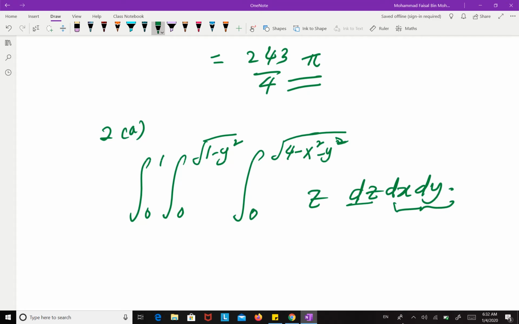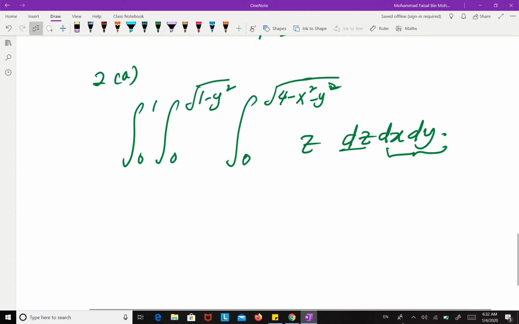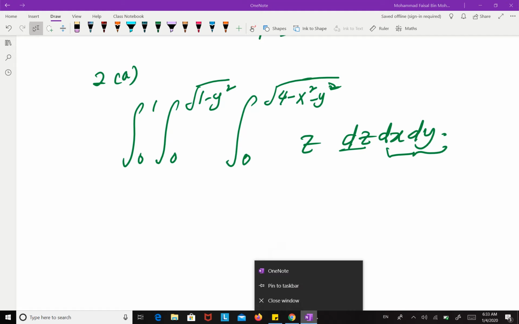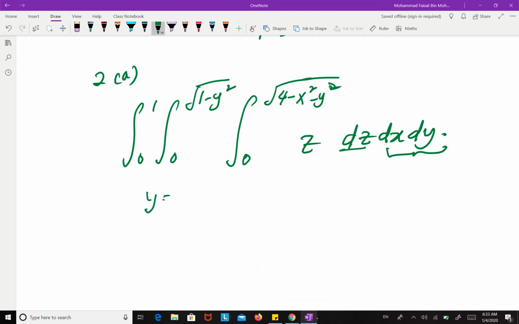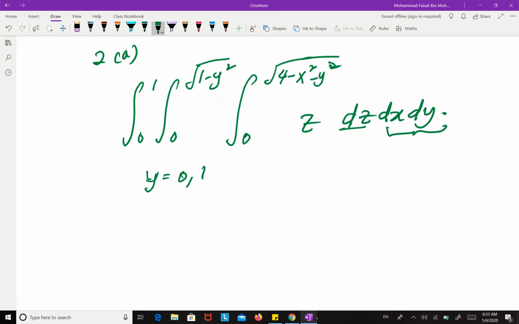Remember, this will return to r dr d theta. Z is remaining. First, sketch the limit. Your y is from 0 to 1. And then your x is from 0 to the square root of 1 minus y squared.